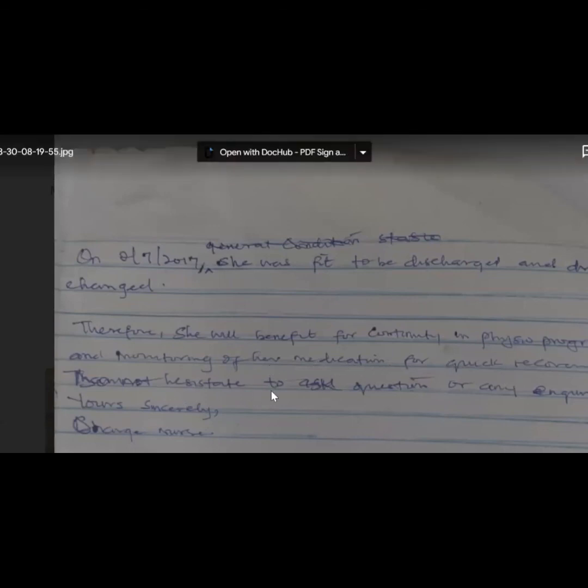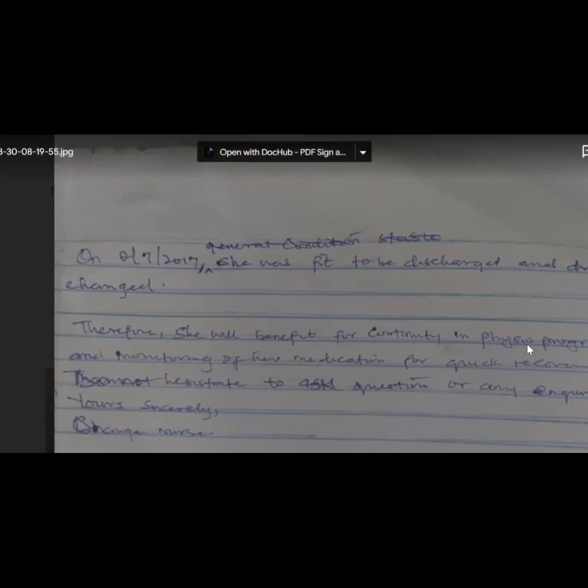Therefore, she will benefit from continuity in physiotherapy program and monitoring of her medication for quick recovery.